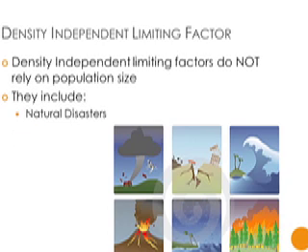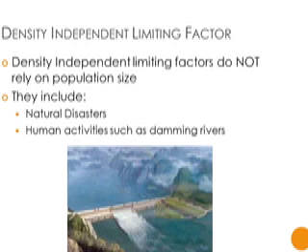The second type of limiting factors, like I said, are the density-independent limiting factors that don't rely on population size. They include natural disasters like hurricanes, tornadoes, floods, landslides, all sorts of devastating things like that, and human activities such as damming rivers.